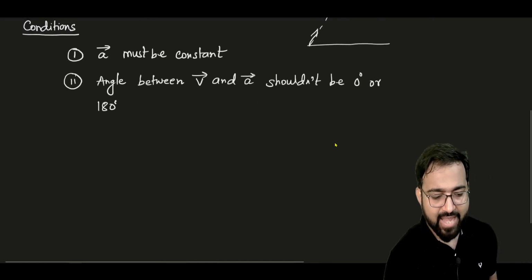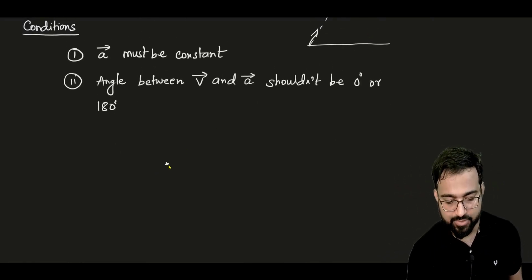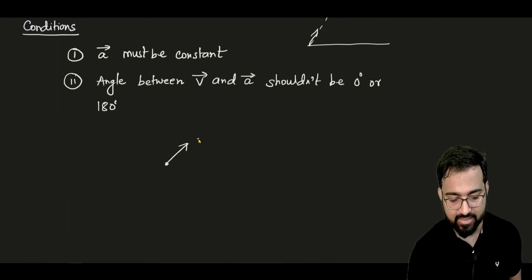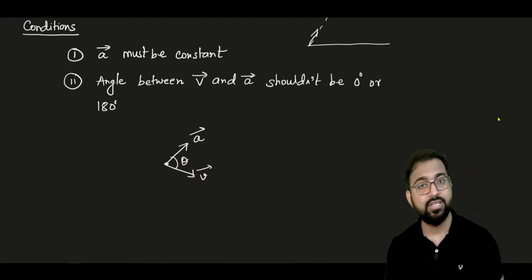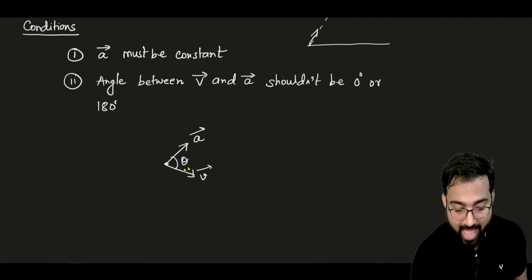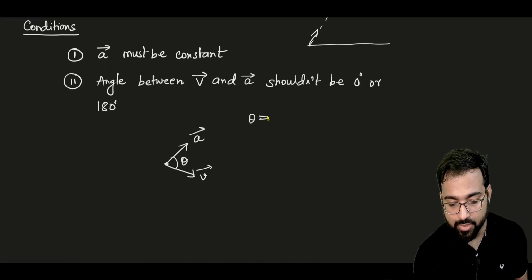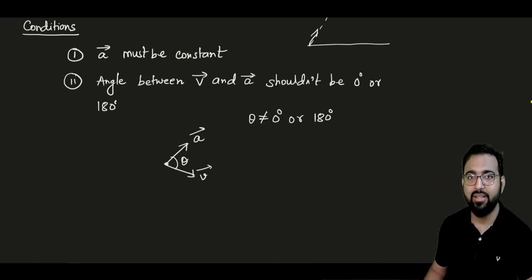Which means at any instant, if the acceleration is in that direction and the velocity is in this direction, we need to consider this angle theta, the angle between velocity and acceleration. We need to consider that this angle is not equal to 0 degree or 180 degrees, which means velocity and acceleration should not be parallel or anti-parallel.